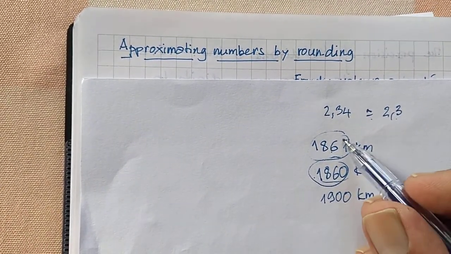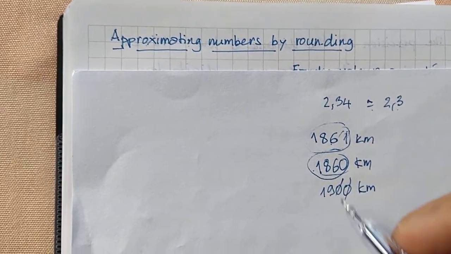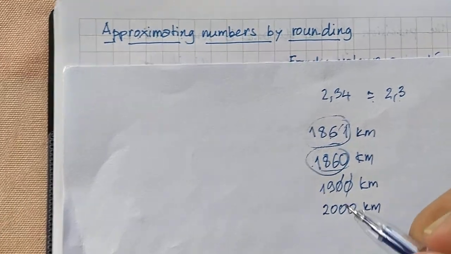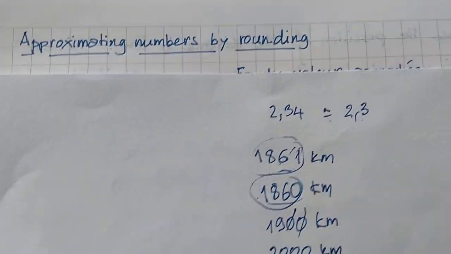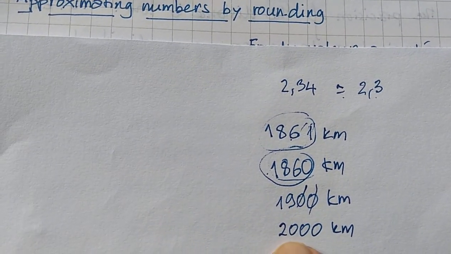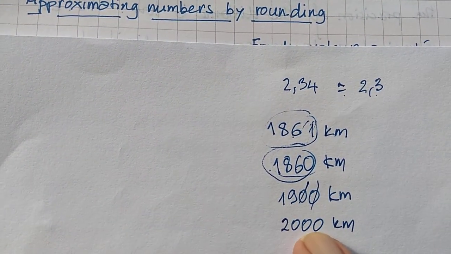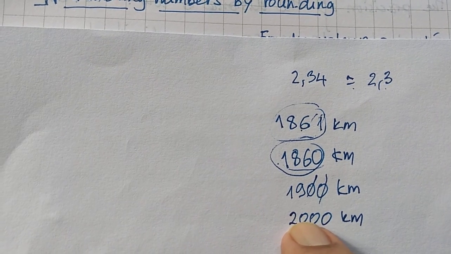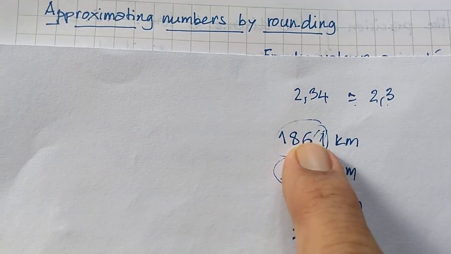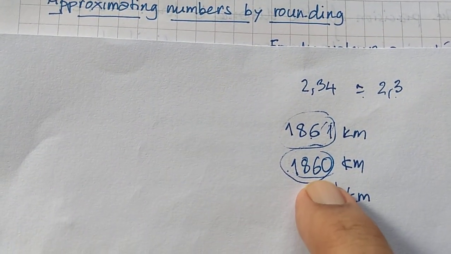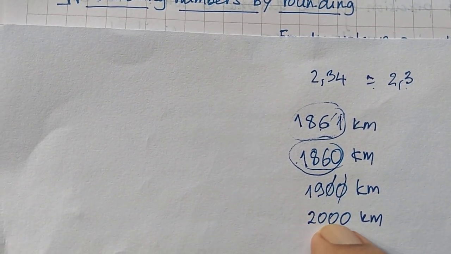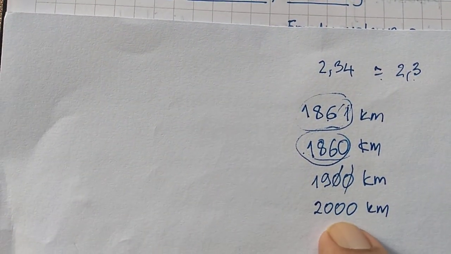So here we have got rid of the last 2 digits, and if you really wanted to go even further, you could say it's approximately equal to 2000 kilometers. So here from 1861 to 2000 we have not got rid of, but simplified 3 digits. So this is one way of approximating 1861 kilometers. You could say it's approximately 1860, approximately 1900, and you could even say it's close to 2000 kilometers.